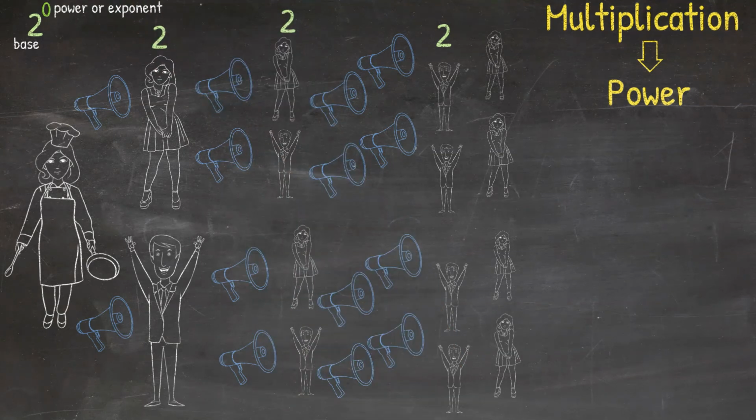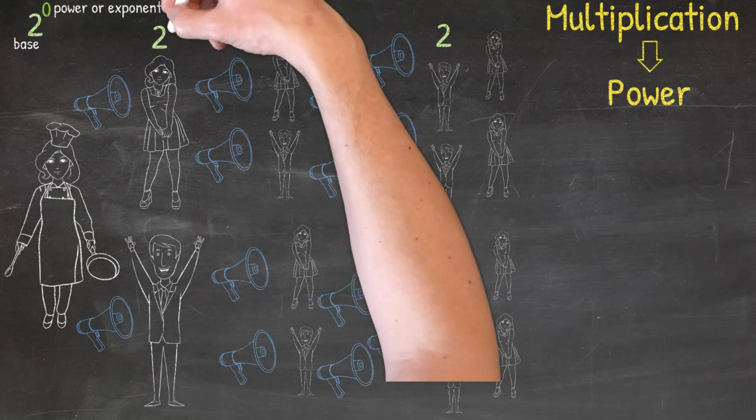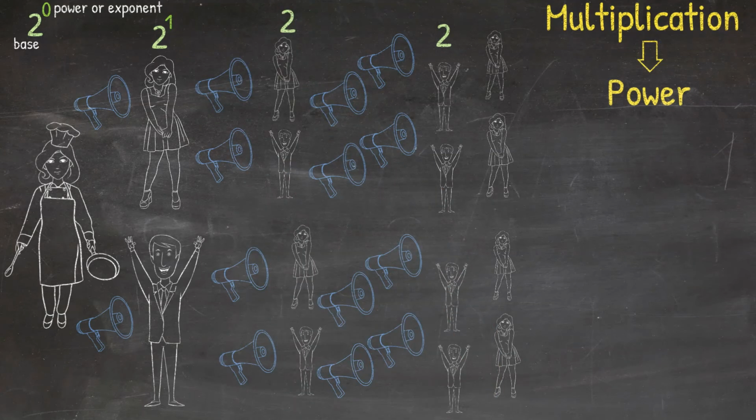Let's mark accordingly. Our chef is at the level 0 with a base of 2. Once she invites 2 of her friends, that's the first level of marketing, let's say. And then once the friends proceed to the second level, that's in the power of 2. And at the third level, the power is 3.